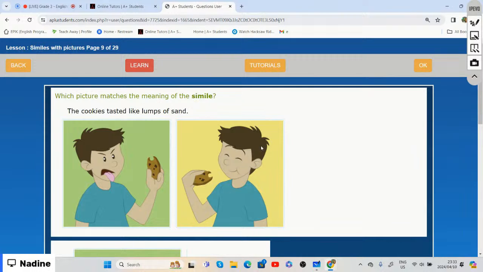All right, and if we're saying that the cookies taste like lumps of sand, where will we mainly find sand? So yes, sand we will mainly find at the beach, and now they're saying that the cookies taste like lumps of sand, meaning that the cookies taste like sand.